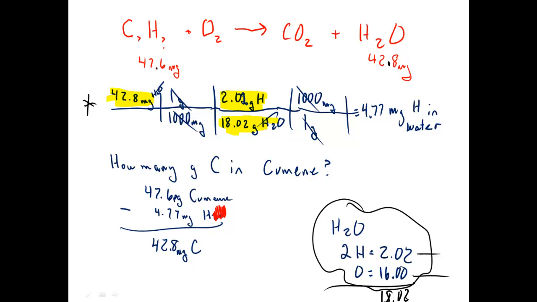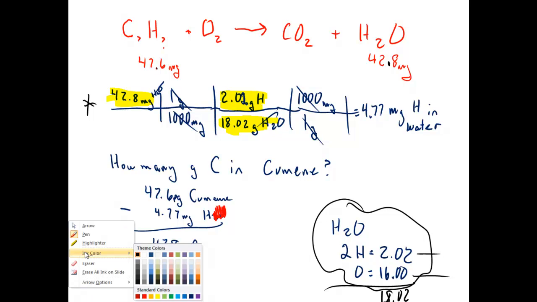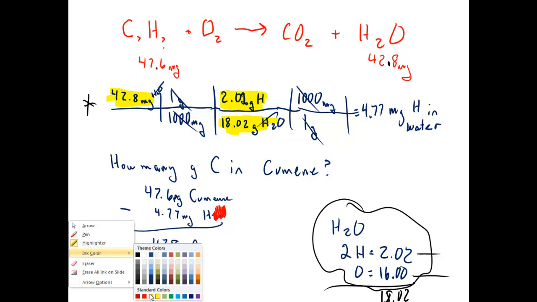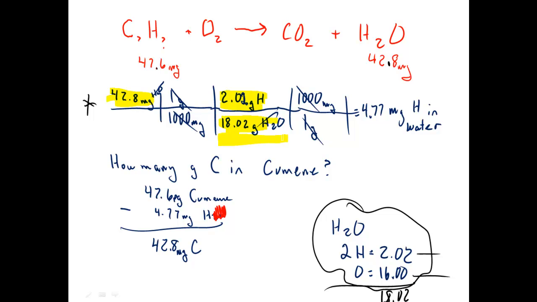So there are 2.02 grams of hydrogen for every 18.02 grams of water. Okay, so we've got that fraction right here, and using that we get 4.77 milligrams of hydrogen in that original water.